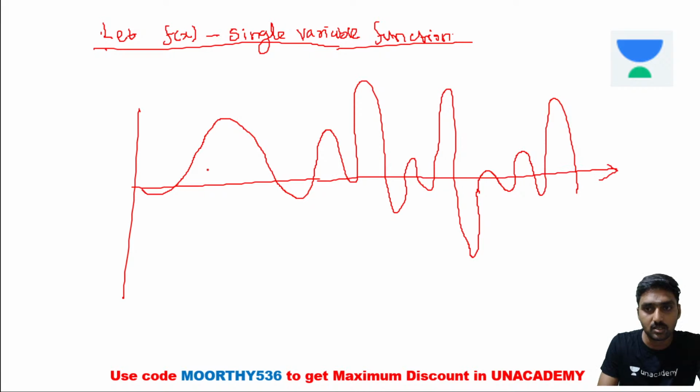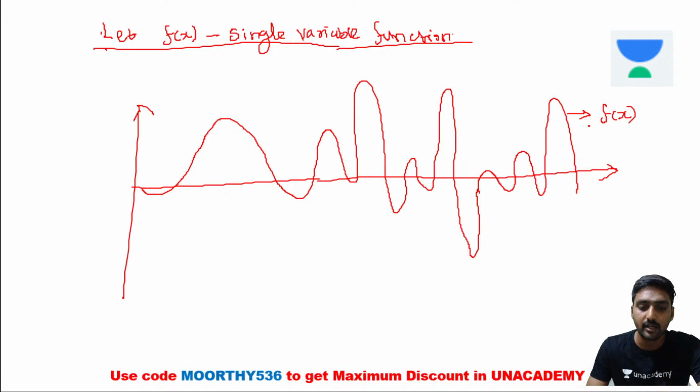It is a graph for the function f of x, the path followed by the function f of x. If they give the equation, it may be an even graph or an uneven graph. It may be anything.